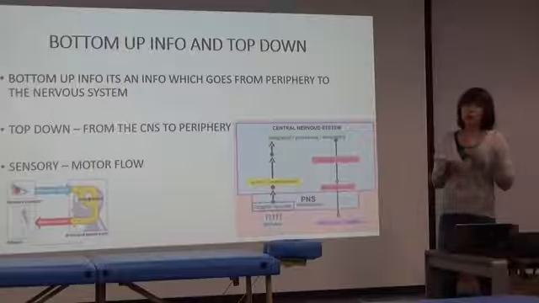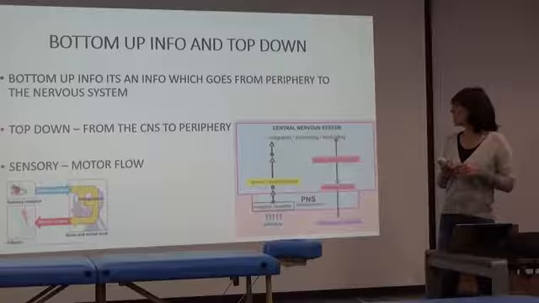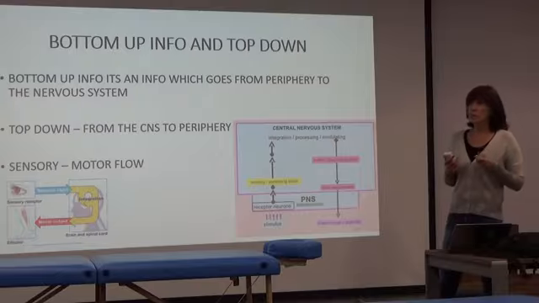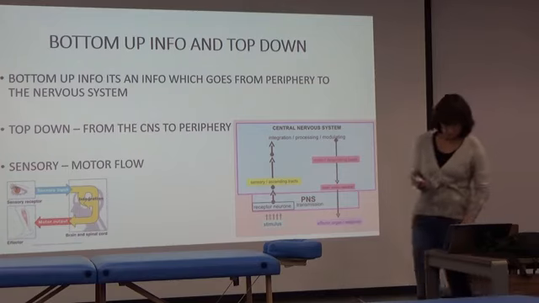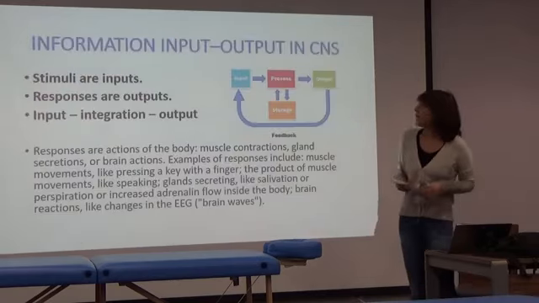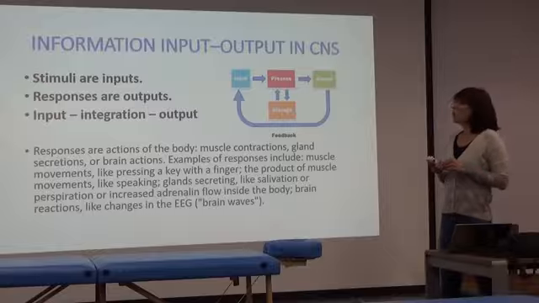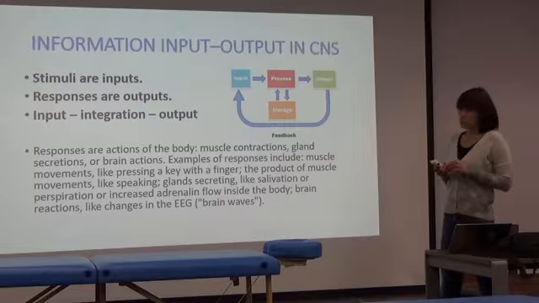We need to talk, we use muscles. We need to breathe, we use muscles. We need to do any kind of action, we use muscles. So this is our motor system. So again, we have input, which is sensory. The brain processes the information and generates a certain response. So all kinds of stimuli are input. All kinds of responses are outputs.